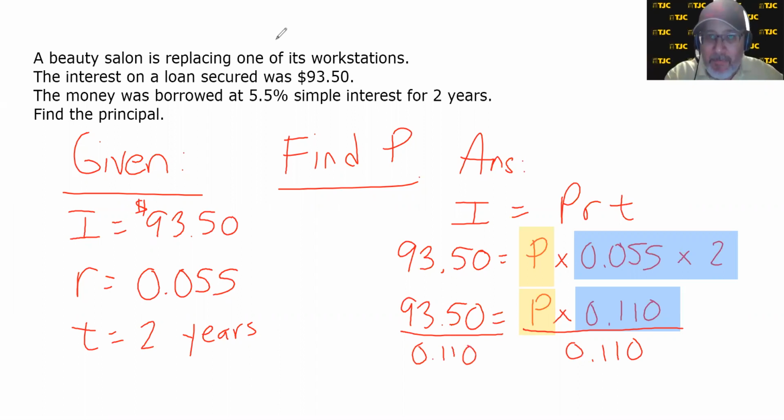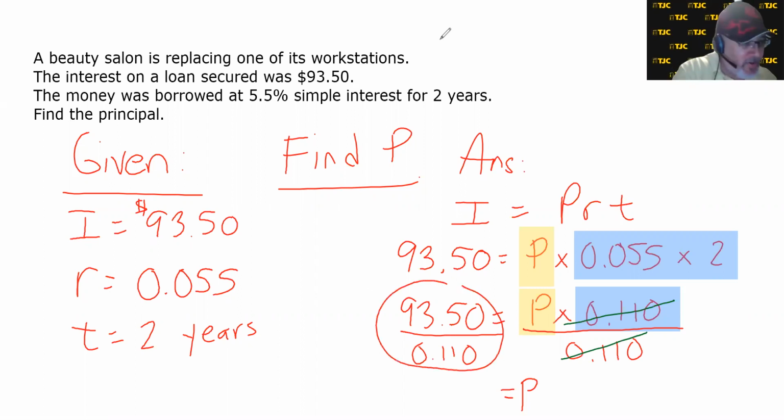That cancels out and leaves the P by itself. So P equals whatever the answer to this division problem is: $93.50 divided by 0.110 is exactly 850. I'm sure this problem was set up to have a nice, clean answer like that.